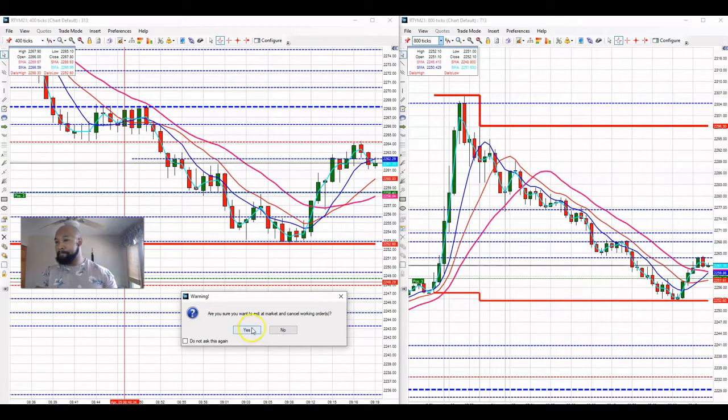Okay, this might be it. See, it's not able to cross that level here. It needs to cross this and get all the way up here. There's not a lot of momentum. Let's go market. Let's push it.